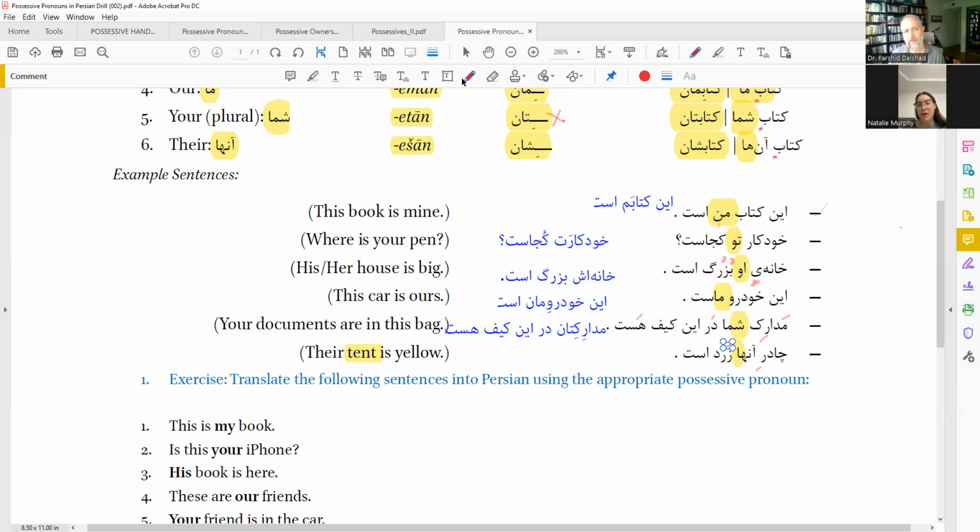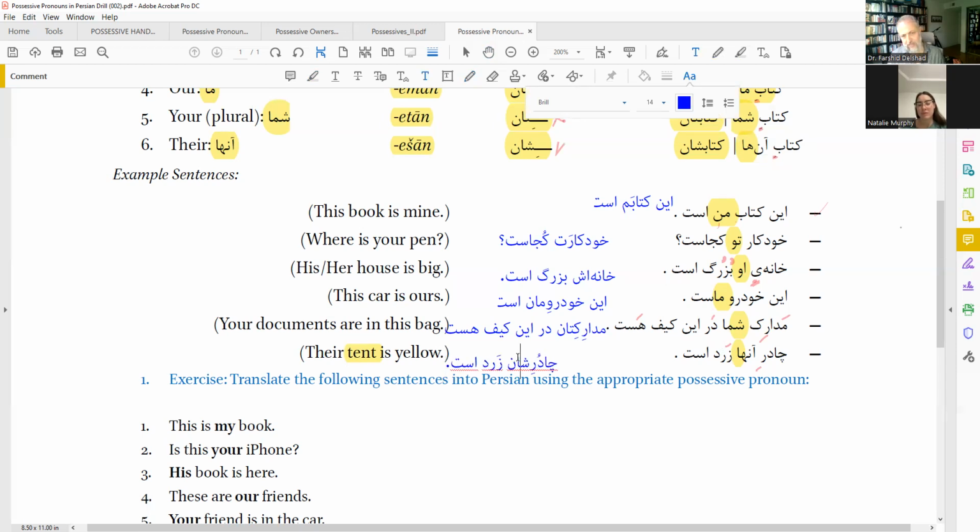چادر آنها زرد است. Perfect. And now you want to use the enclitic form, and that will be done this way. So چادرشان زرد است.